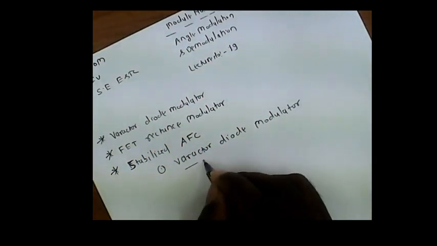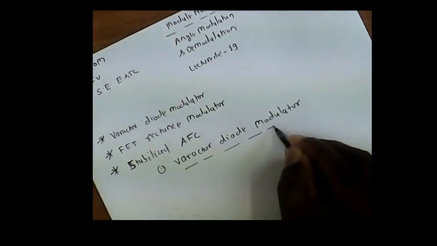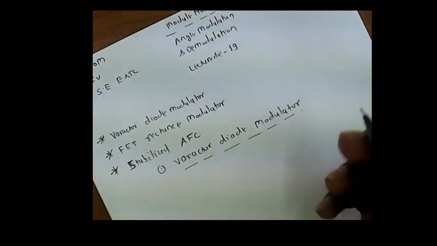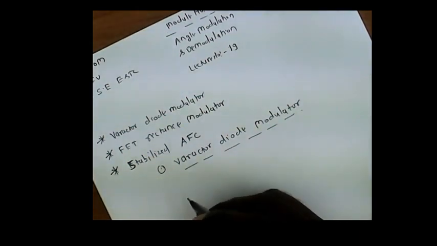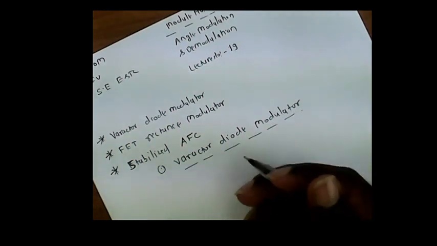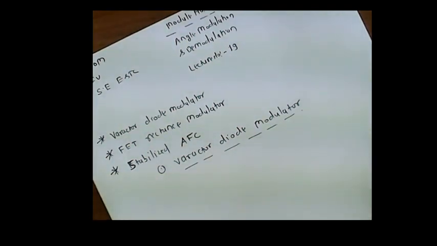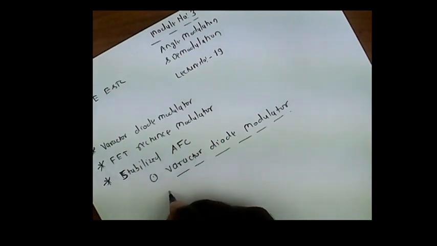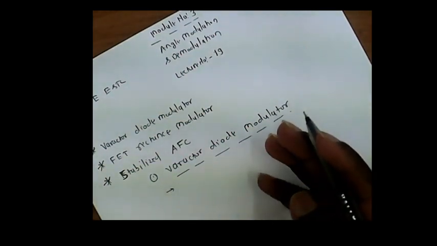A varactor diode is a semiconductor diode whose junction capacitance varies linearly with the applied voltage when the diode is reverse biased. So this is the basic working principle of the varactor diode.